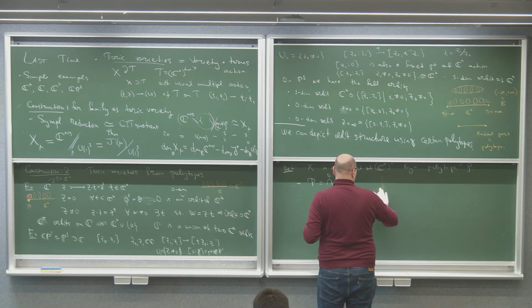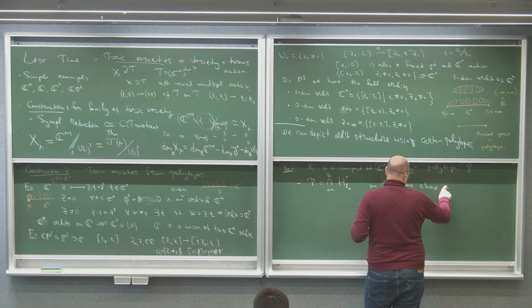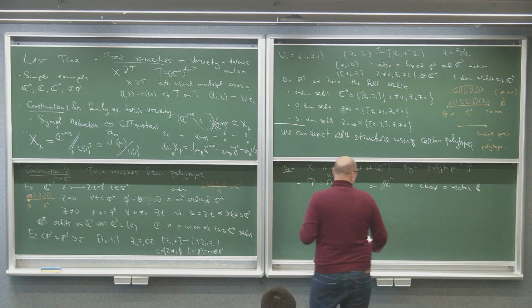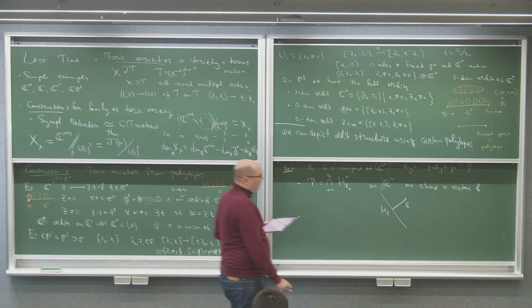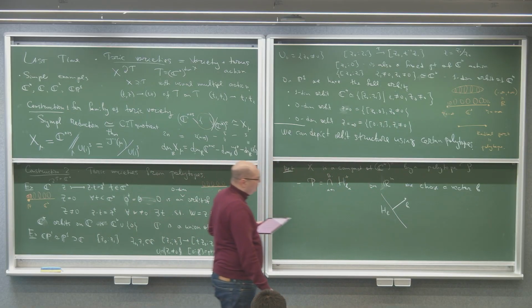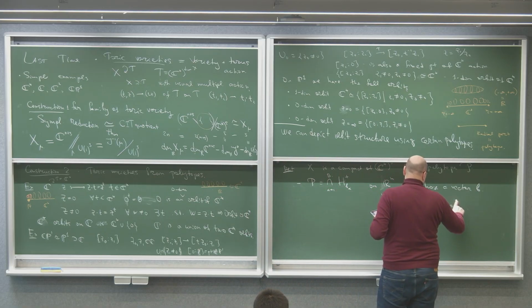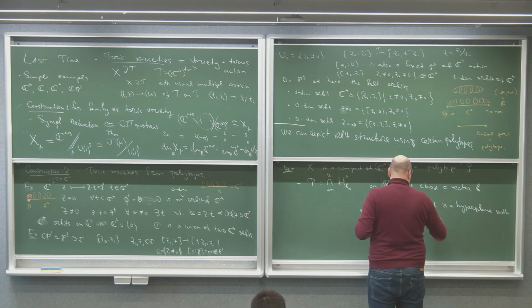So we choose on R^n a vector B, and then for a vector B, we can construct a hyperplane for which this vector is normal. So H_B is a hyperplane, and it should be inward pointing.